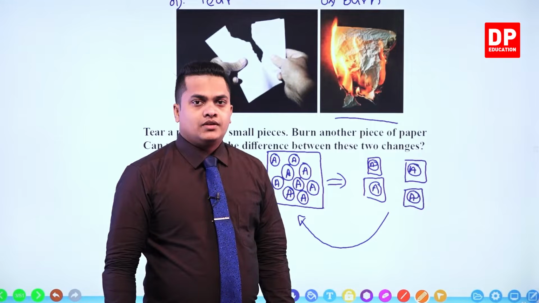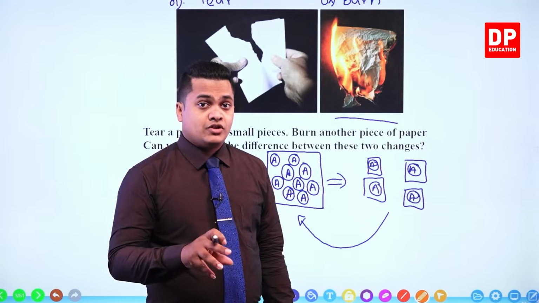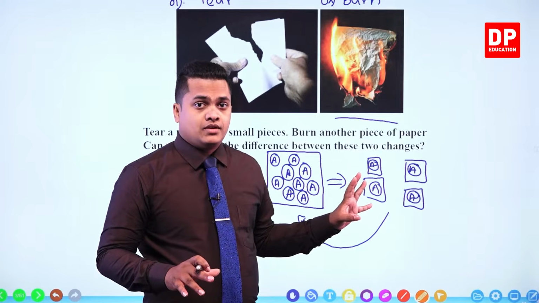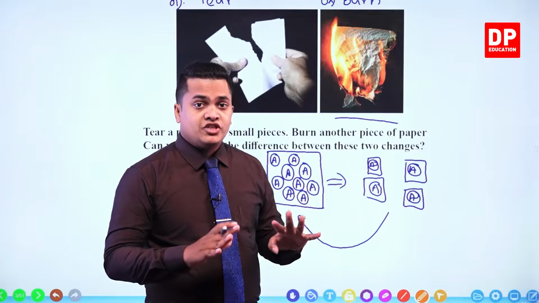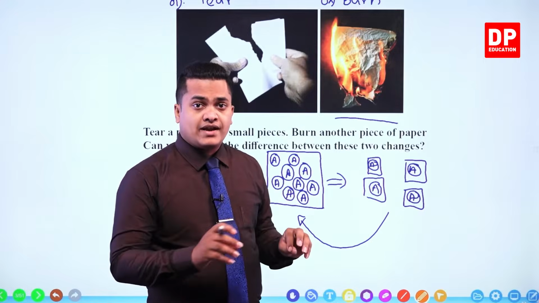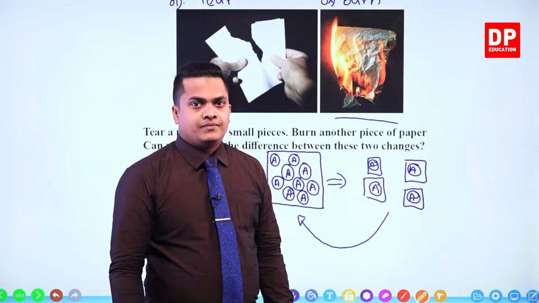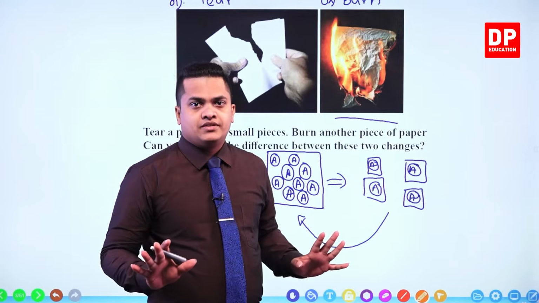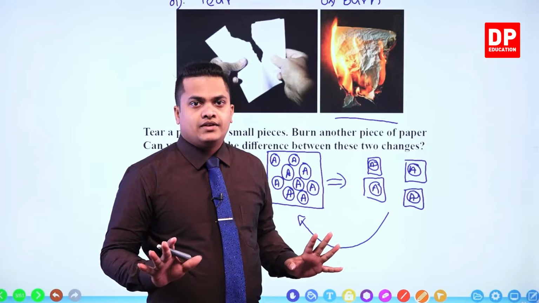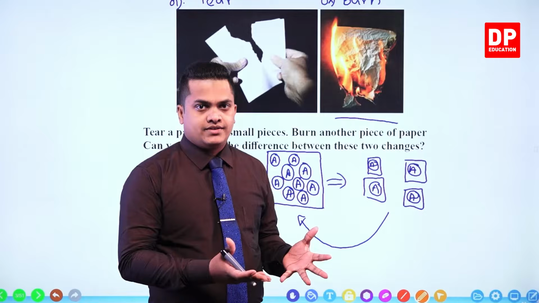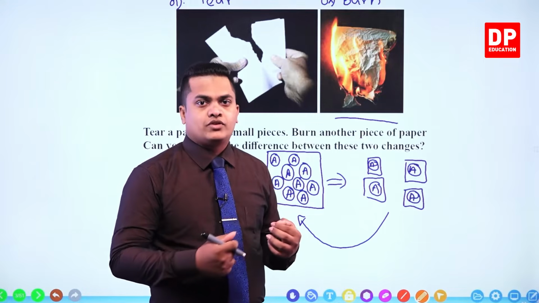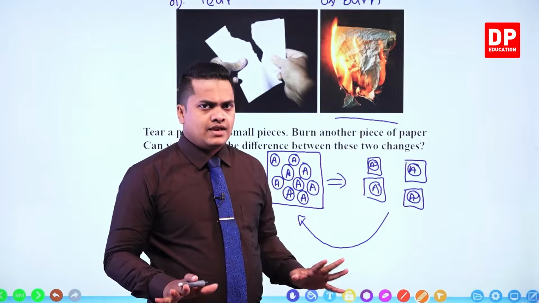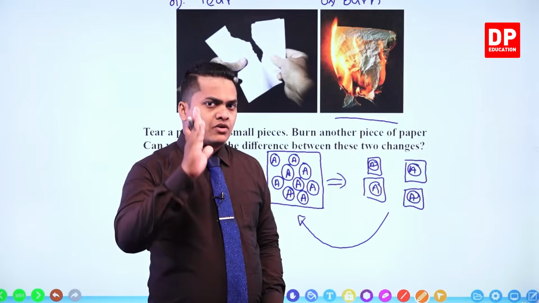Right? So that's the very specialty in the burning process. We can't revert it back to the original state. If it is burned, then it is burned. New substances have been created. That's the final. We can't revert it back.